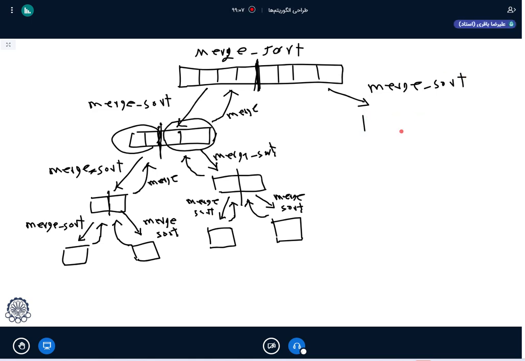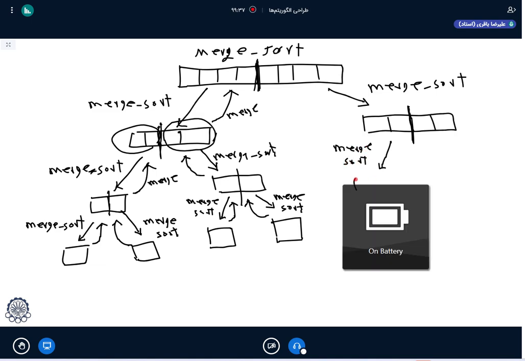The second part has 4 elements. Again, because this is a recursive function, it divides the given input into 2 parts, each of them with 2 elements, and calls the function for the first part. It calls merge sort for the first part, which has 2 elements.